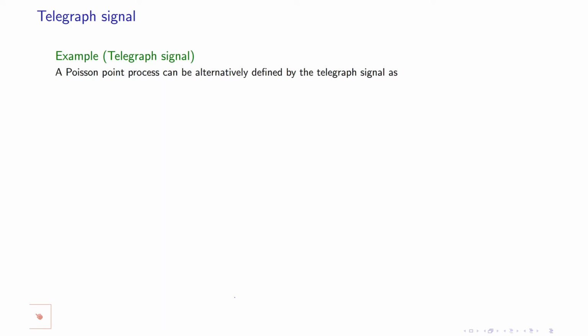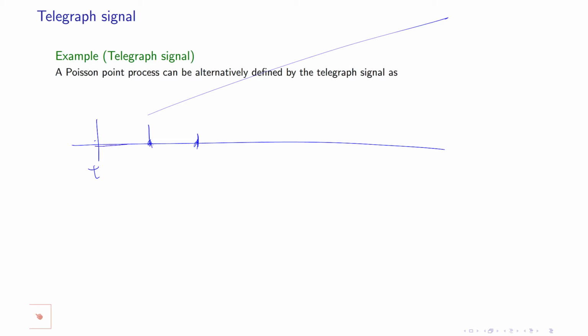A telegraph signal is a Poisson point process. We remember that for a Poisson point process, we start with time t and say here is 1, and then at the second point becomes 2, etc. But alternatively, instead of defining a Poisson point process with a number which keeps increasing, and it's hard to keep in mind, you could define this point process using a telegraph signal, which is a binary random process.